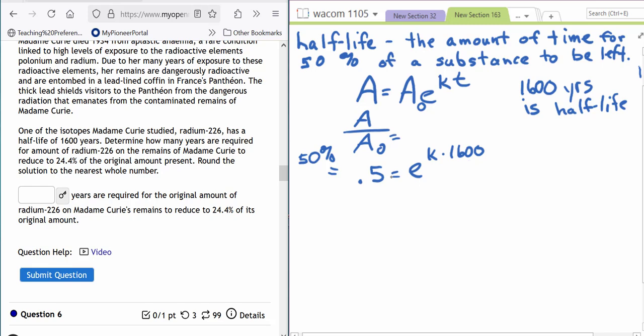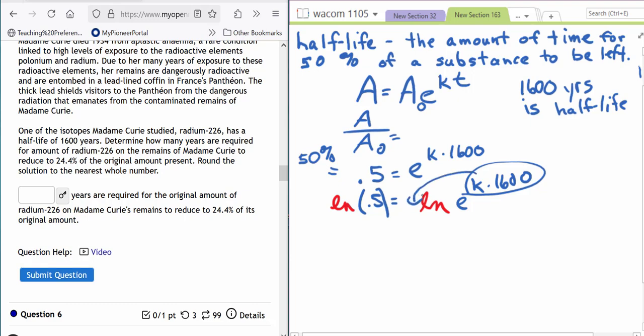And so we're ready now to take a logarithm of both sides. So we're going to take a log here and a log here. I'll just write it in one step so I can use my red. Right, and that will make this come down.